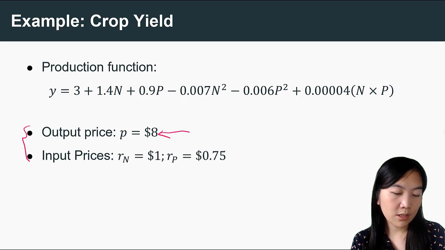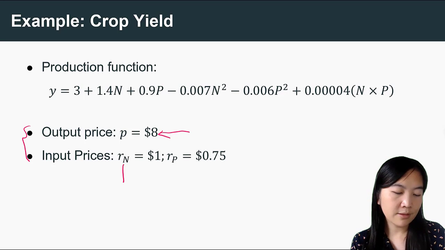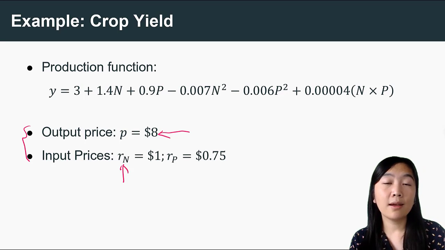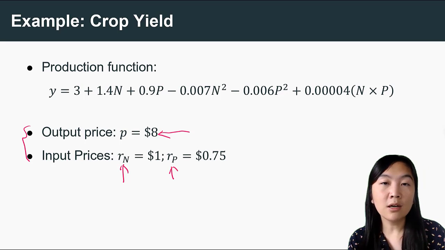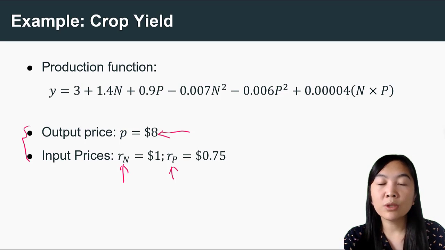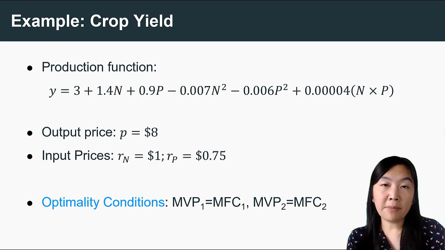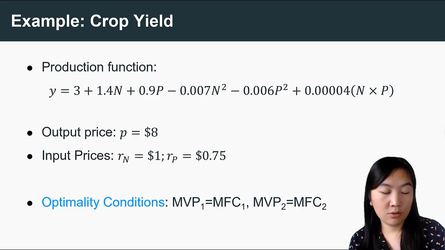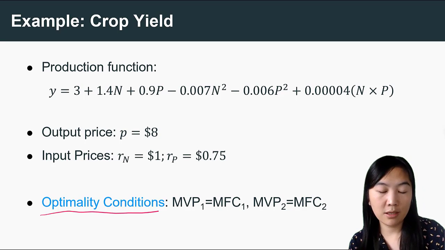So assume the output price is equal to 8, the input price for nitrogen is 1, and the input price for potash is 0.75. How can we find the profit-maximizing input levels? We should use the optimality conditions here.